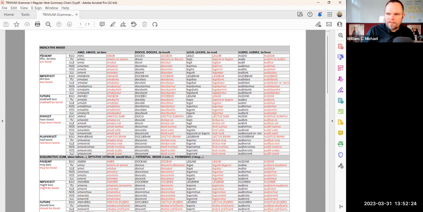So these are the tenses of the indicative mood, okay? Then you've got text in black, that's active voice. And then you've got text in red, that's passive voice. So you've got present active and present passive. So present, passive, indicative, all in one spot there.